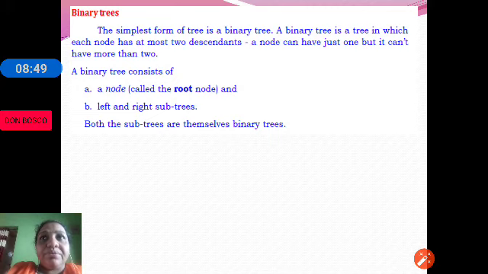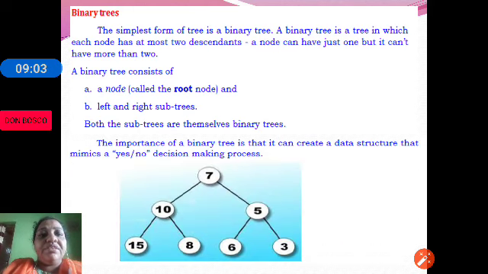Binary tree. The simplest form of binary tree is a tree which has at most 0 to 2 descendants. So for example, you can see here there will be a node and there will be the child nodes. There can be 0 to 2.